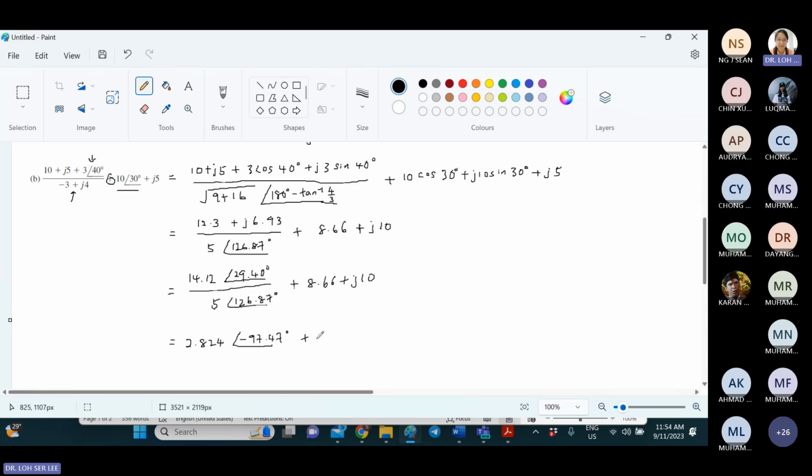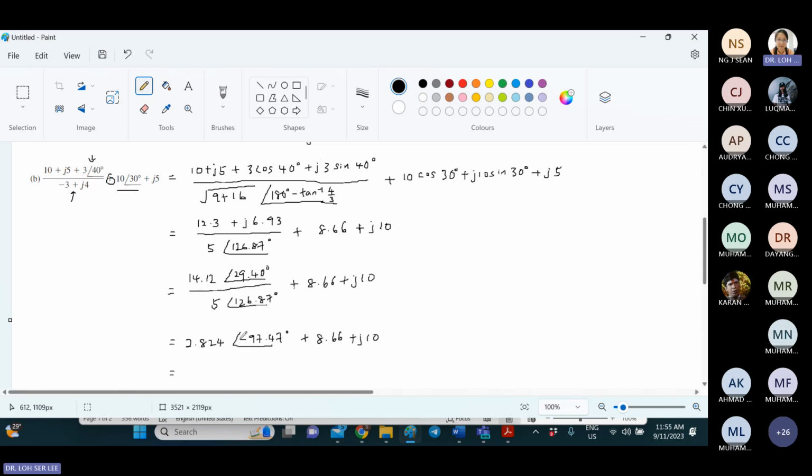Okay, and after that, you have to plus this. To sum up these two, this one you change into the rectangular form. Actually, this one you can solve in one line.